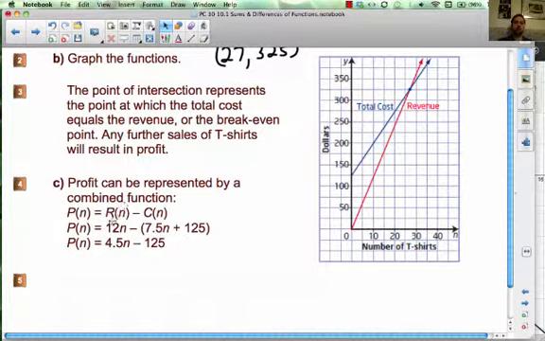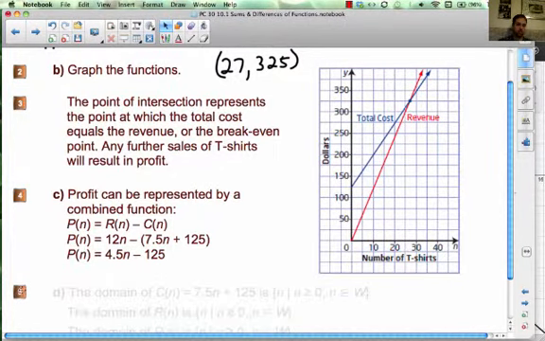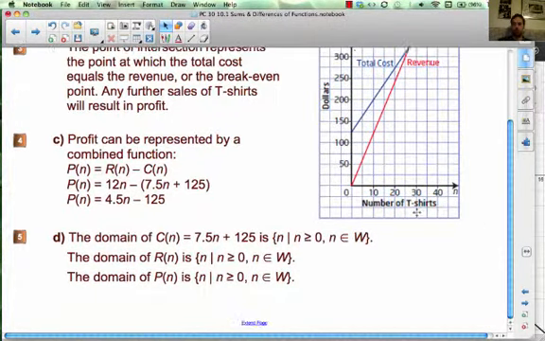So whatever revenue we make, we subtract the cost from it for making all those t-shirts, and the result is profit. So this is the profit function, and you notice that 12n minus 7.5n will leave us with 4.5n, and we can easily figure out what profit each number of t-shirts made and sold will result in.